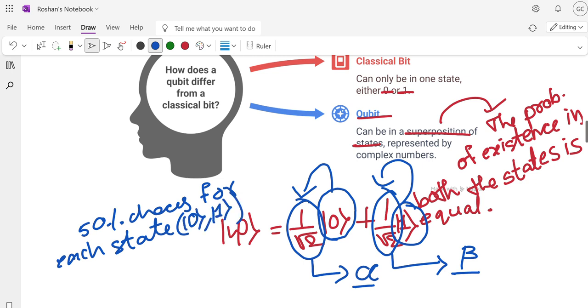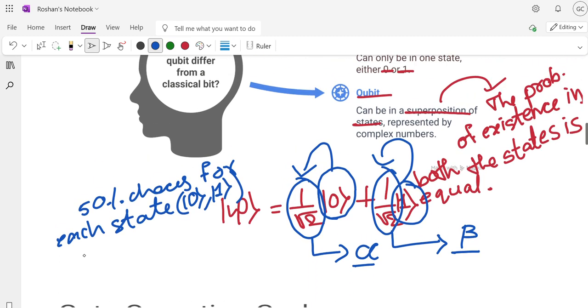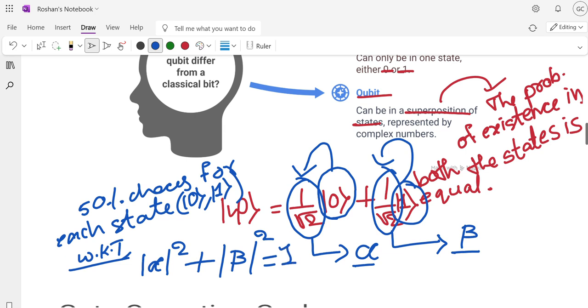Okay, so let's just verify it. So we know, when can we tell that a quantum state is in superposition? When it satisfies alpha square plus beta square equals 1. If this condition is satisfied, then we can tell that our equation is in superposition.